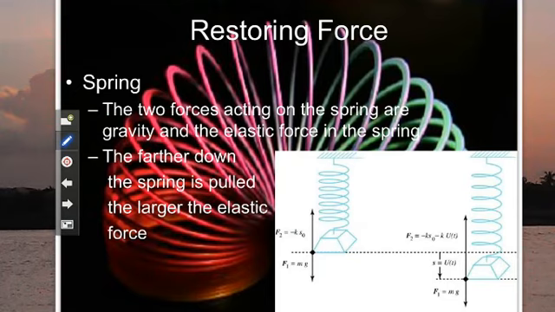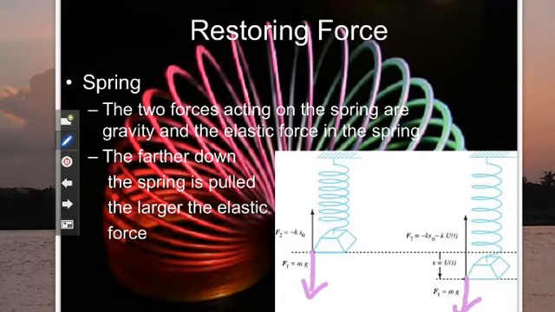Now in the case of an oscillating spring, we have gravity still. Gravity's always there acting down. But our other force, our complementary force, if you will, is the elastic force of the spring.